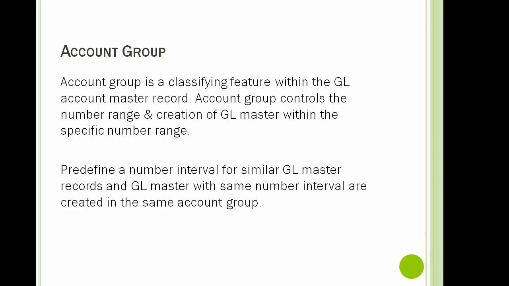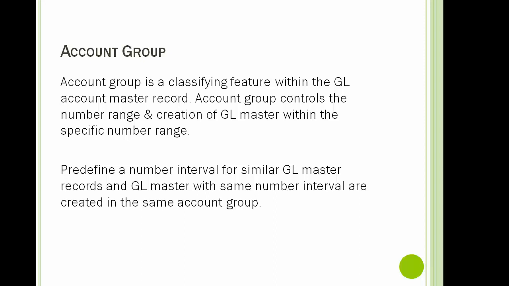In the practical world, if you go anywhere, any other accounting software, there is a huge list of ledger accounts, and if you want to group them on different parameters, like you want to group the cash ledger as a group, bank ledger as a different group, customer or vendor as a different group, asset as a different group, liability as a different group, revenue and expenses as a different group.